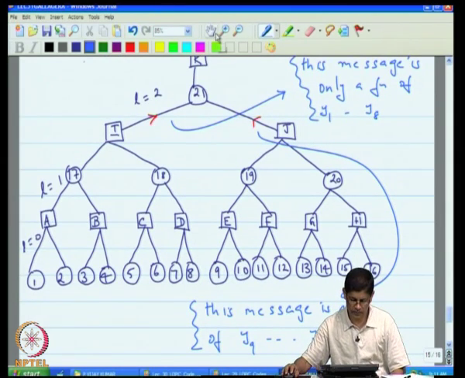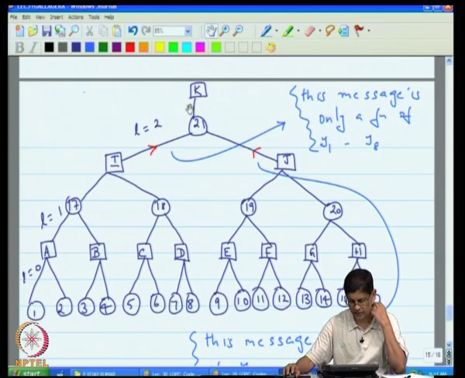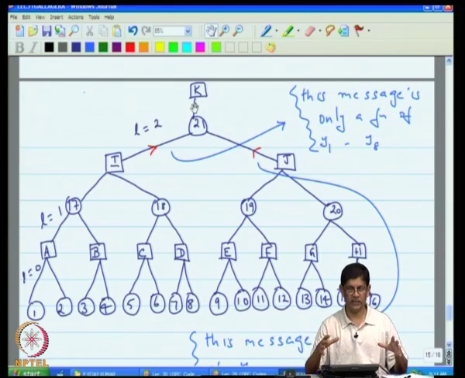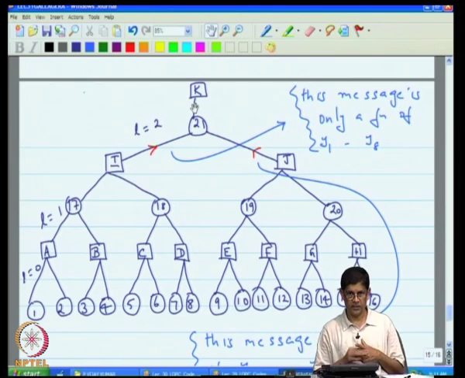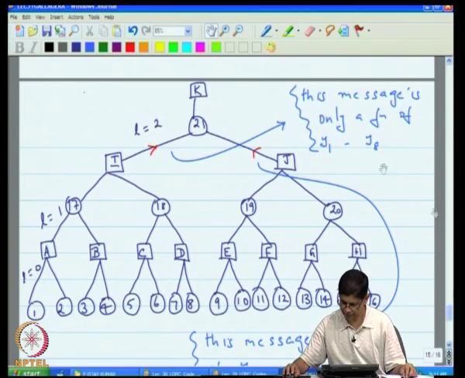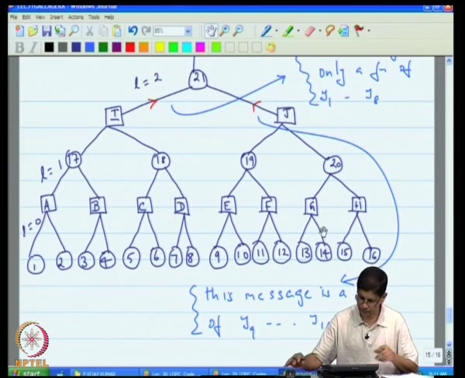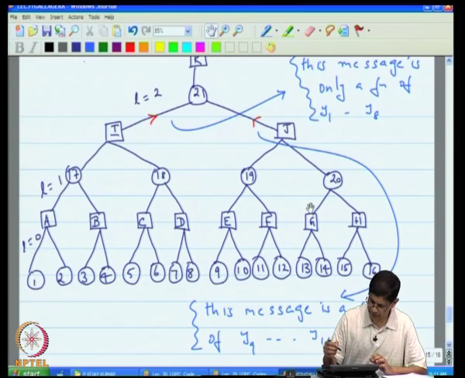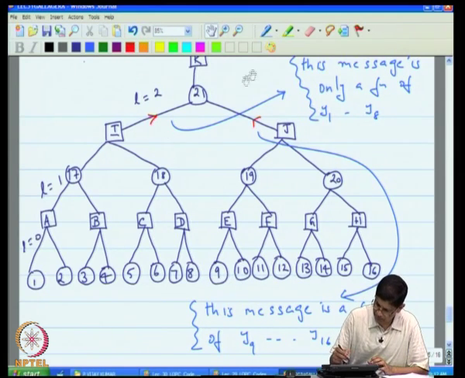Now, given the transmitted symbol, the received symbols are only a function of the channel noise, and therefore they are independent. And therefore, these messages, which are a function of these independent random variables, are also independent. So when we are computing the probability of an outgoing message given probabilities of the incoming messages, we are free to make use of this independence. So, in conclusion, these messages are independent.